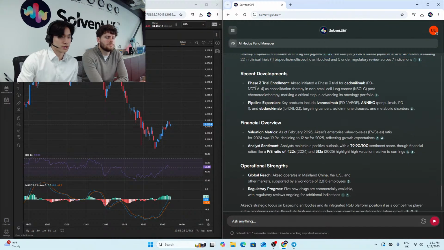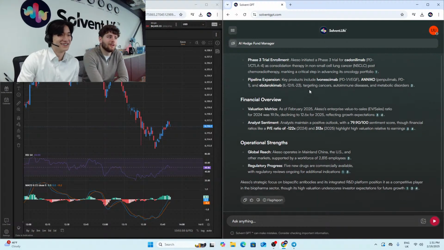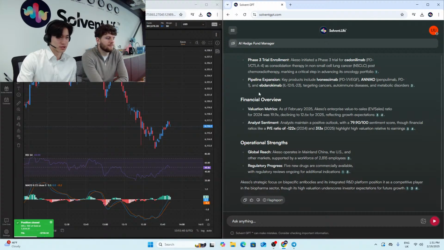Recent developments: phase 3 trial enrollment, initial phase 3 trial for cadonilimab. Pipeline expansion, key products for all these different treatments.